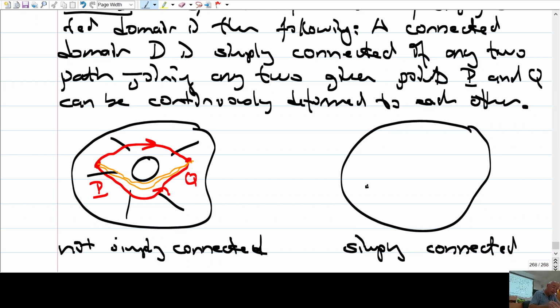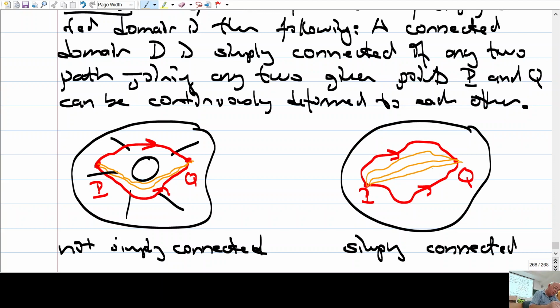Simply connected because whenever I choose 2 points, and any 2 paths joining these two, one of them can be deformed to the other one, right? I can just deform this path slowly to the other one.